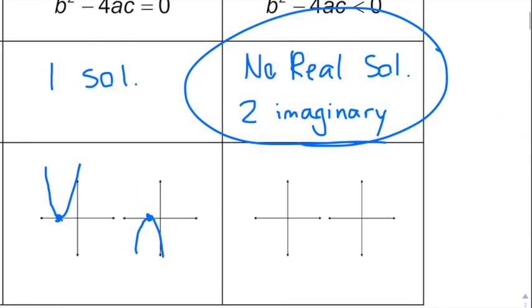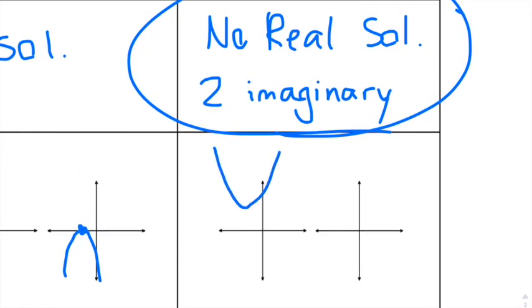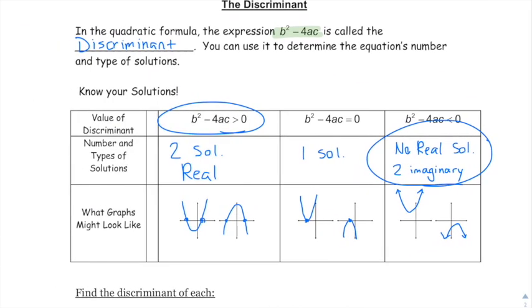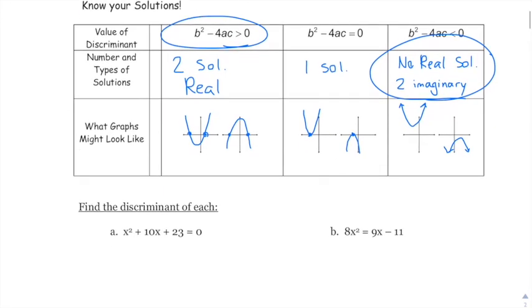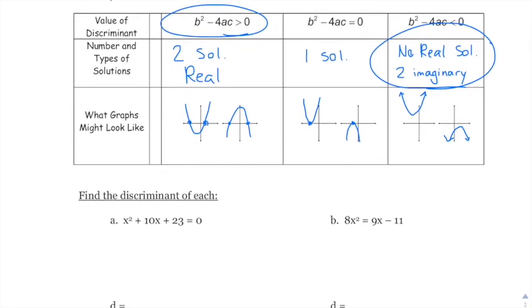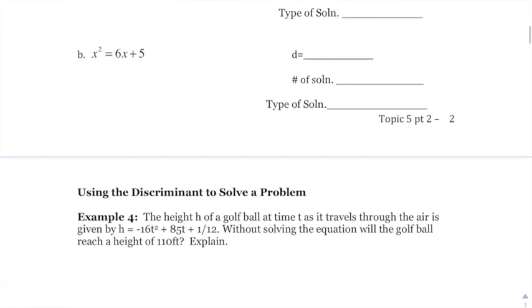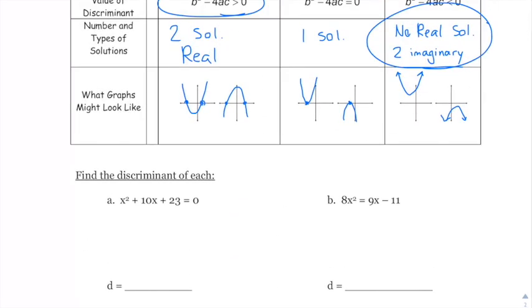And then no solutions just means it doesn't cross your x-axis at all, no matter which way it's opening, up or down. So it can speed up the process and show if the problem is even worth solving. I think in a minute we're going to do a discriminant word problem where we can use the discriminant to determine if there's anything worth solving for.